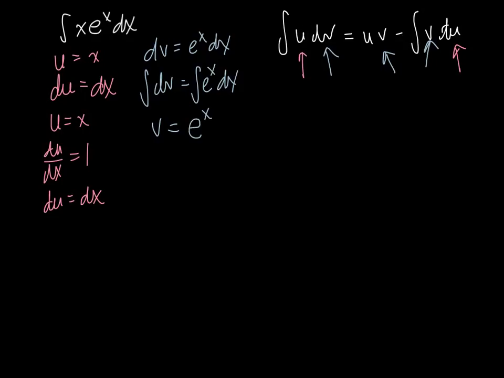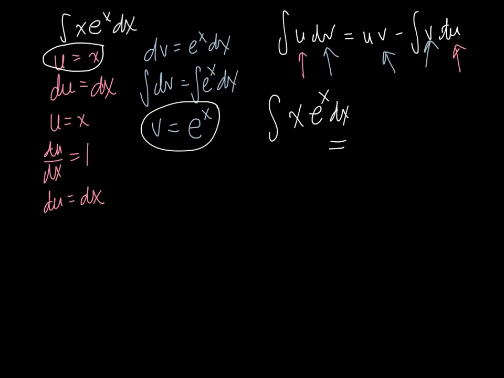Okay. So the integral of x e to the x dx is equal to u times v. Where's u? Times v. So that's x times e to the x minus the integral of v, e to the x, and du is dx.